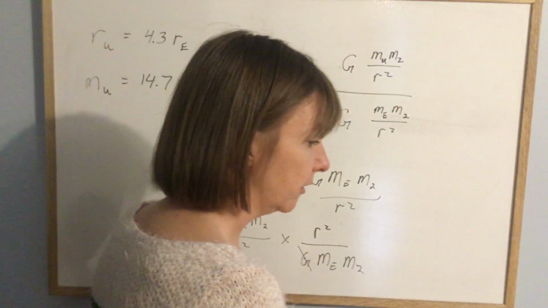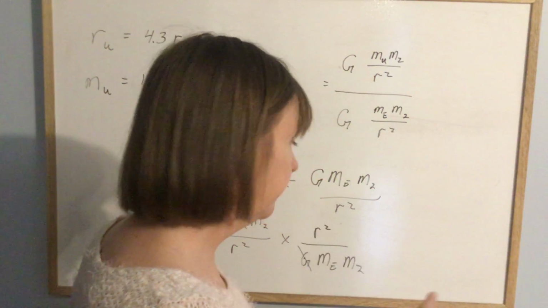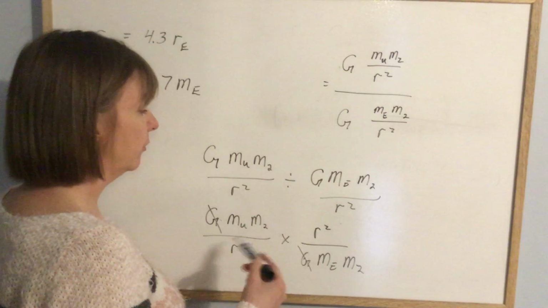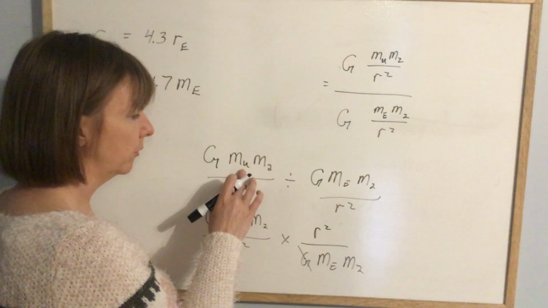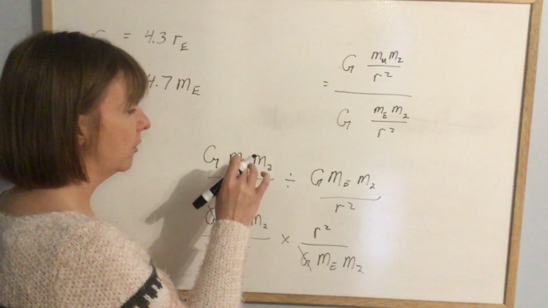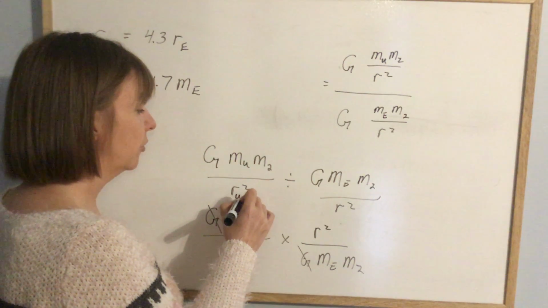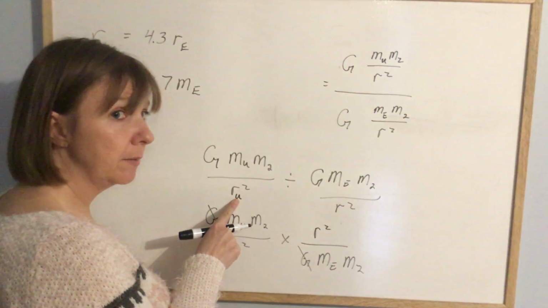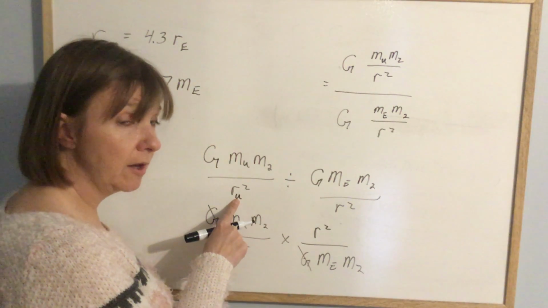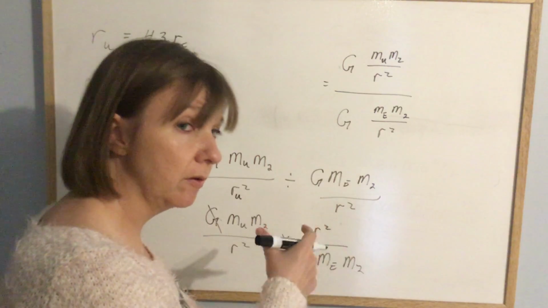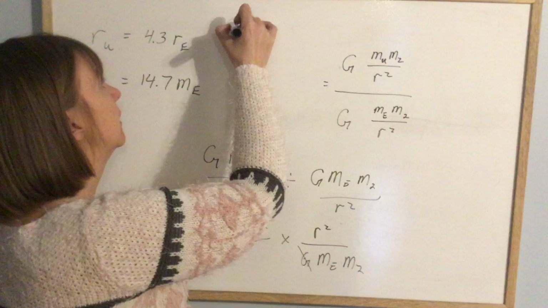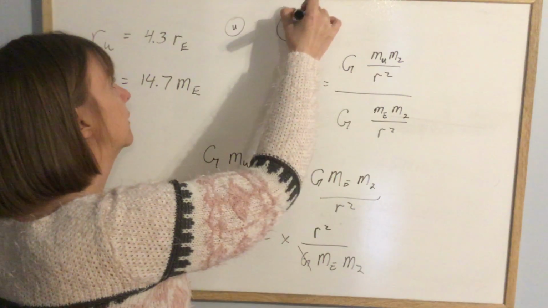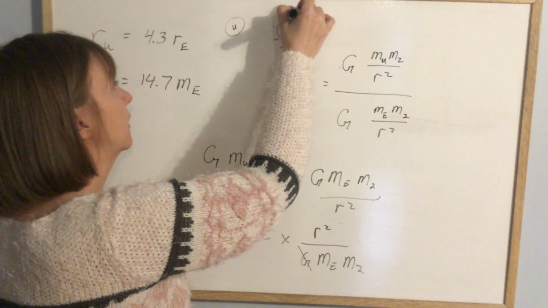Those actually cancel. These R's can't cancel though, because this is where we're talking about Uranus. This is the radius from that planet to the sun, because force of gravity is the result of the sun. So that's the orbital radius of the planet to the sun.